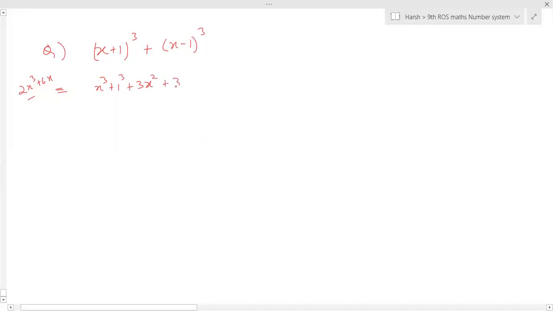And then x minus 1 the whole cube can be written as x cube minus 1 minus 3x square plus 3x. Okay.